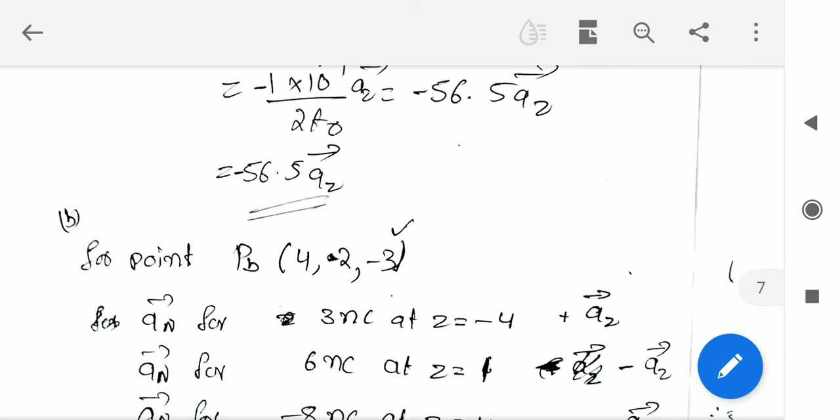Similarly, we will go for another point PB. PB is present at z equal to minus 3. So 4 and 2 are x and y values; we can neglect them. Here we have to select the z value. Z is present at minus 3.